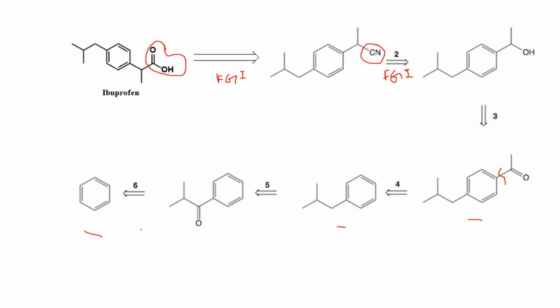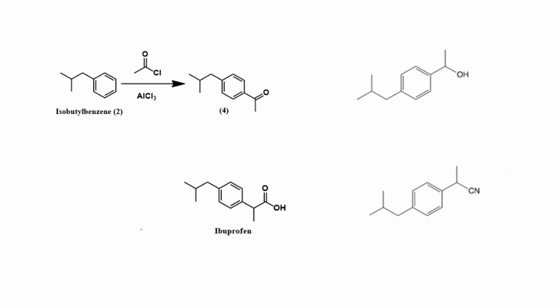So let's see the forward synthesis of this compound. How can we get the forward synthesis of such a compound? What will be the reagent? First, if you perform the Friedel-Crafts acylation, we will get such a compound. This can be generated from benzene.